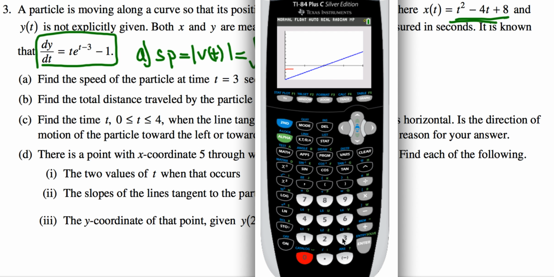That's the dx/dt, and the second one will be dy/dt.